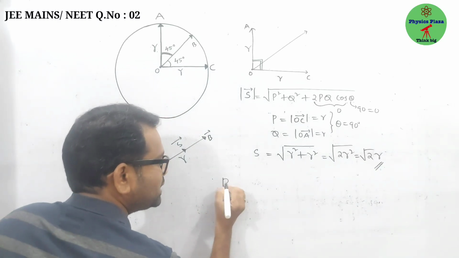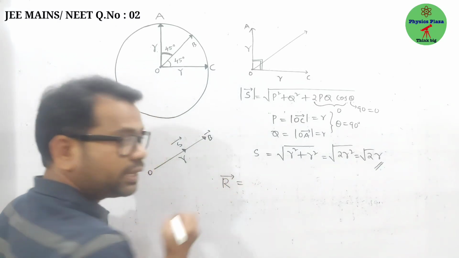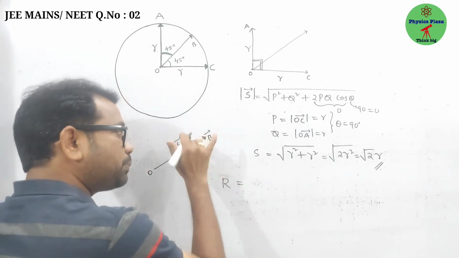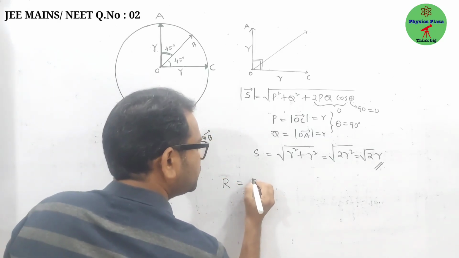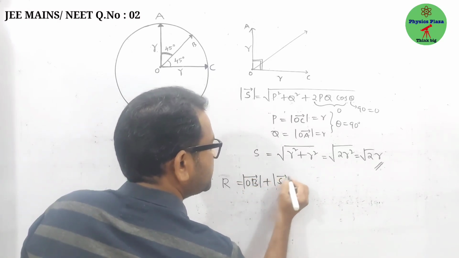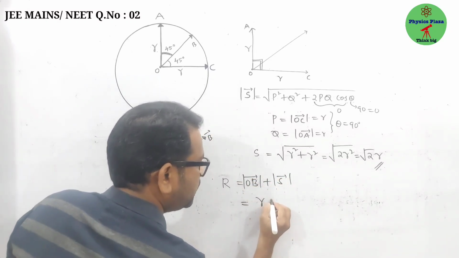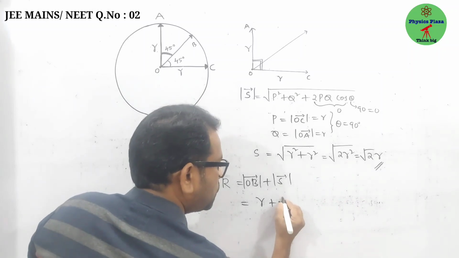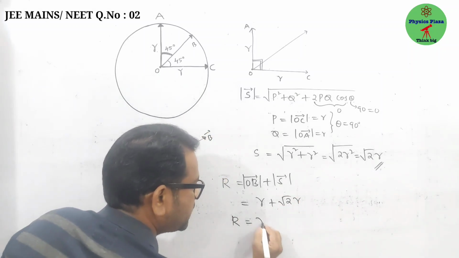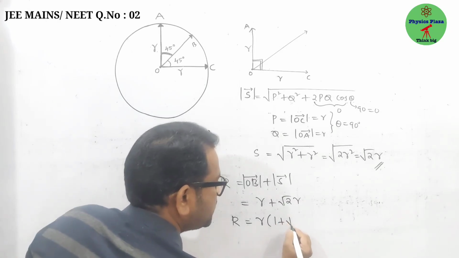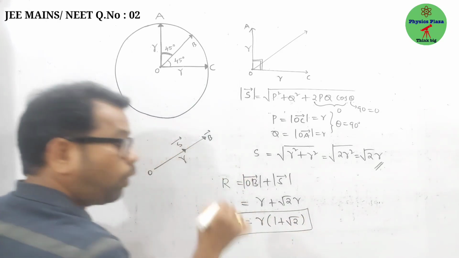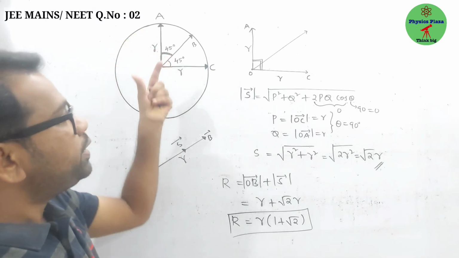So the magnitude of the resultant vector is equal to the magnitude of vector OB plus vector S. OB is R and S is root 2 R. So capital R is equal to, taking small r as common, r times (1 plus root 2). So children, this is the resultant of OA, OB, OC.